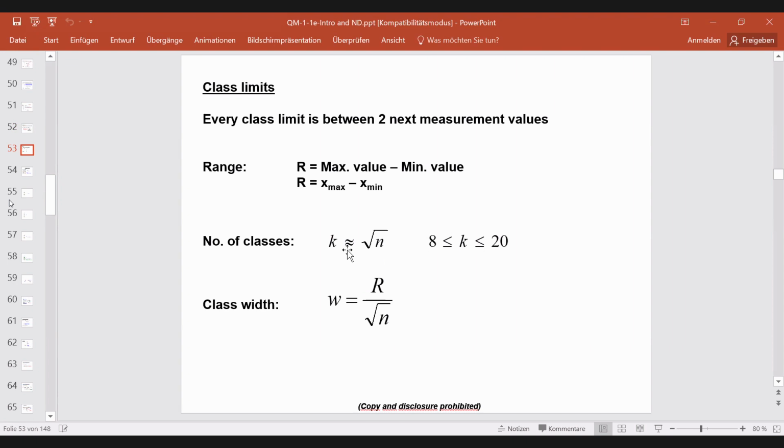The number of classes you can estimate, it's the root of the sample size n. And the width of a class, you can also estimate with this equation here, it's the range divided by the root of n. N is always the sample size.